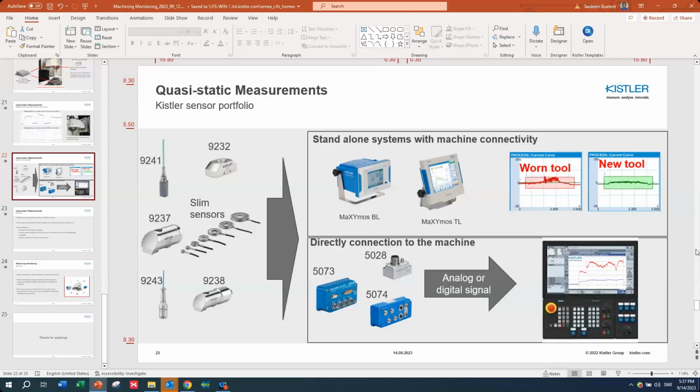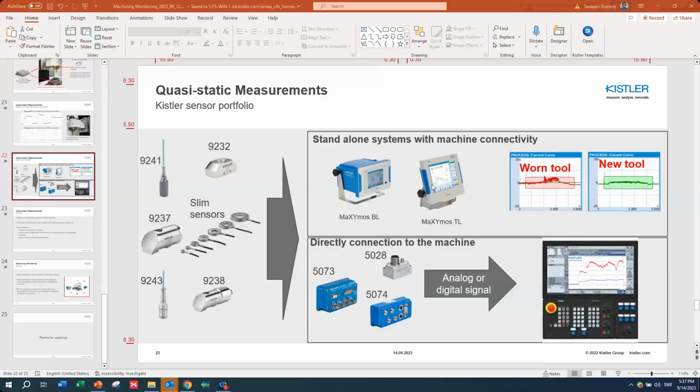Thanks. I'm seeing a few great questions coming through on the chat now. We'll start off with a question from Patrick. How does the Kistler system deal with the storage of the sensor data? It really depends which one of those we are looking at. If it is the Maximus, of course, we have local memory, but this can also be connected to the shop floor LAN.